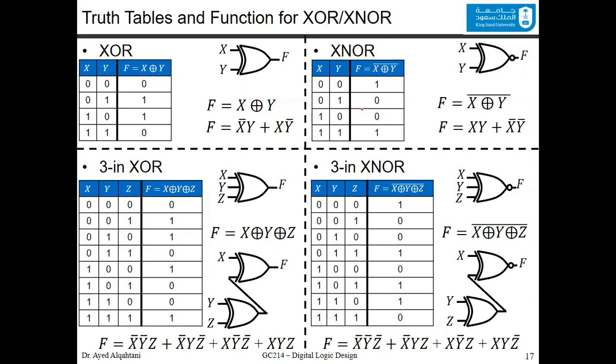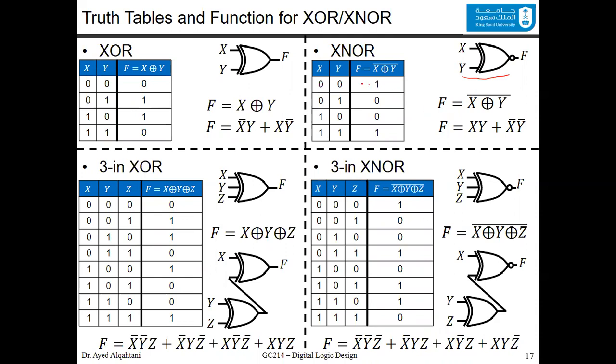And in a similar way, in the XOR, when the inputs are equal, here and here, the output is 0, and when they differ, the output is 1. The symbol of the XNOR is similar to the XOR with the addition of the negation at the end.